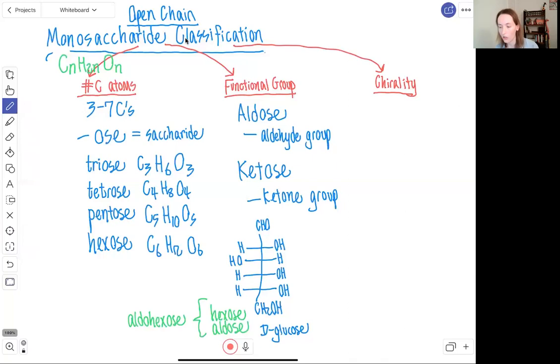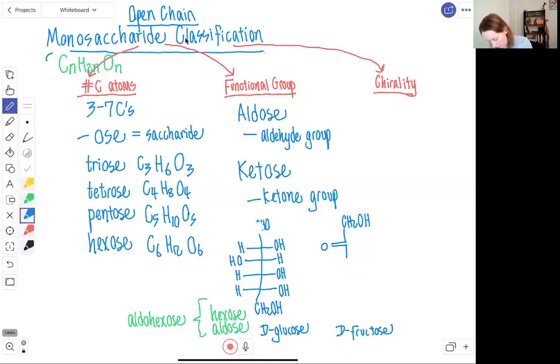We'll look at the structure of D-fructose. In the structure of D-fructose, we'll go ahead and draw that out here, in its open chain form. We'll get into alternative closed chain or cyclic form of these in our next unit, but for now, we're focusing on the open chain structures.